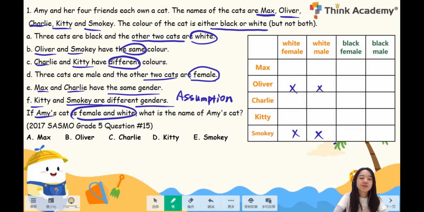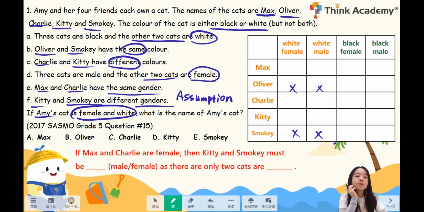about the gender. For the gender, we know Max and Charlie have the same gender. So we try to assume they are the minority. That can help us eliminate other options directly. If these 2 cats are female, that means the other 3 must be male, because there are only 2 females.